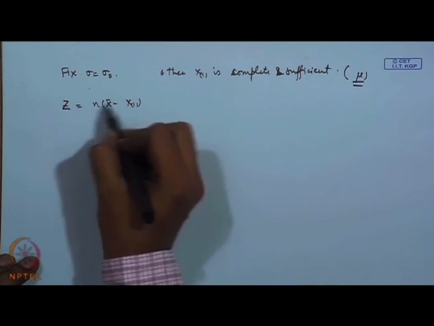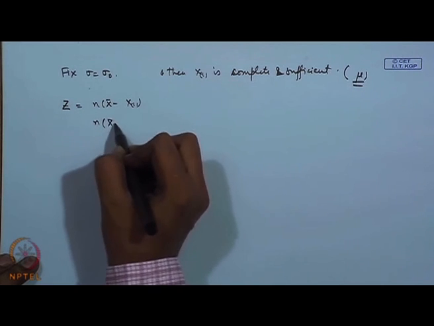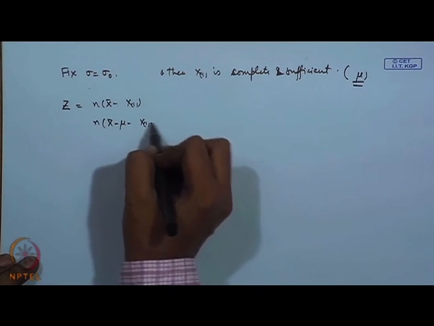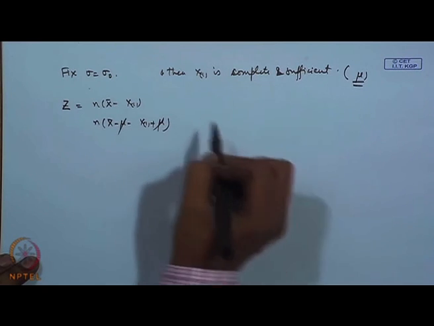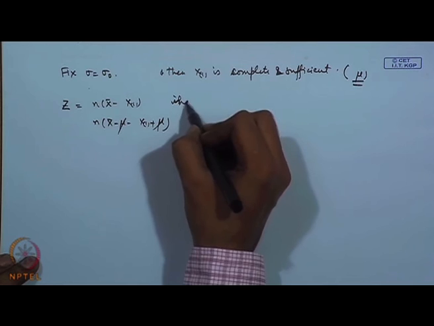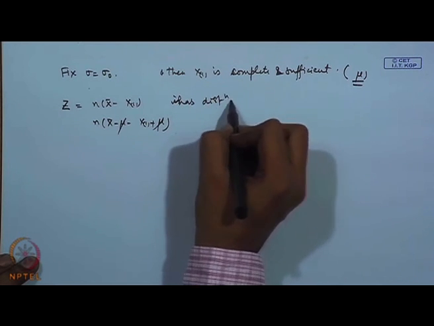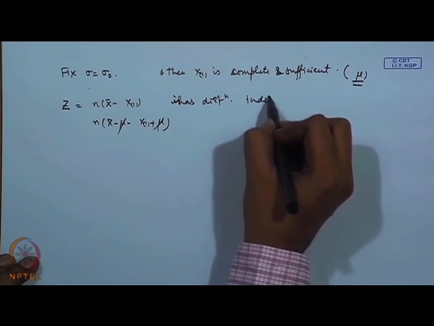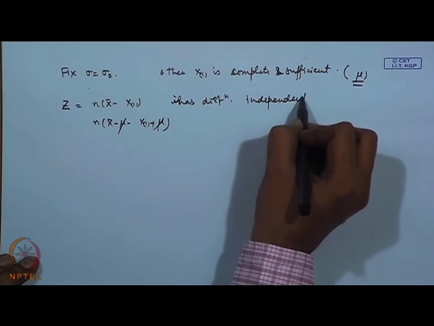And if I consider say n x bar minus mu minus x 1 minus mu, so this gets cancelled out. So, this has a distribution independent of mu.